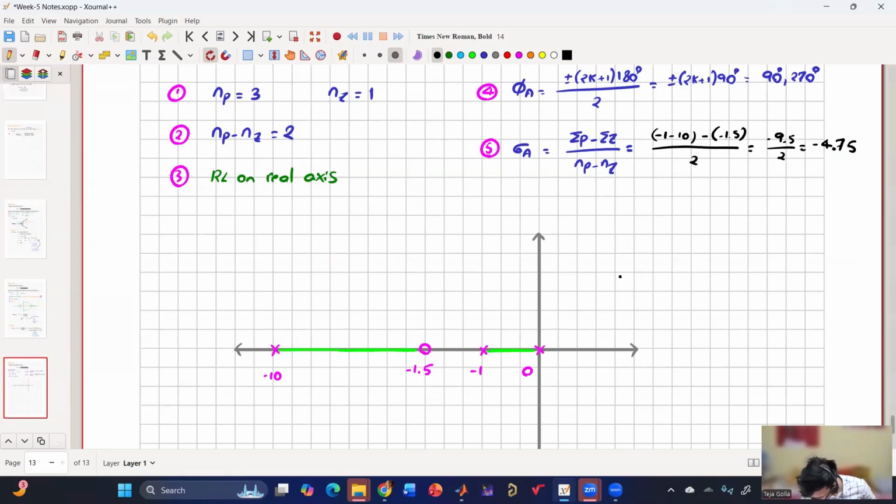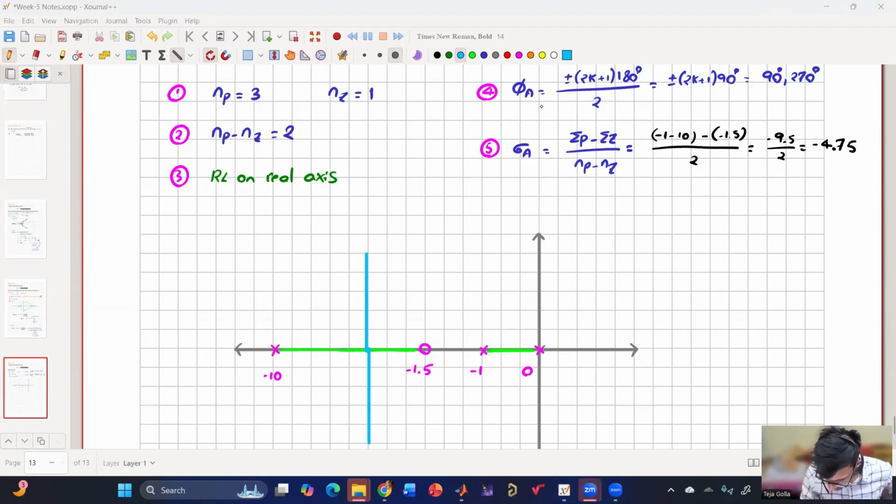Agree, both of you? Yes, okay. So these are the asymptotes.